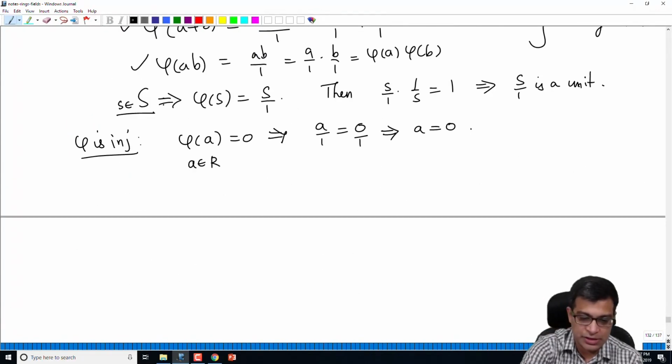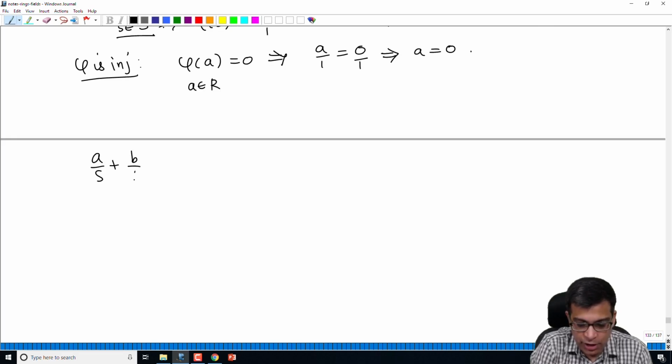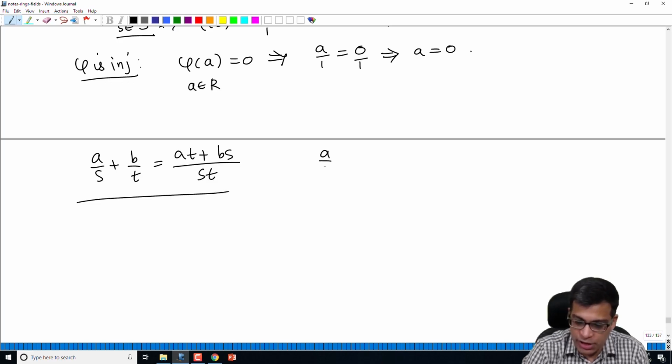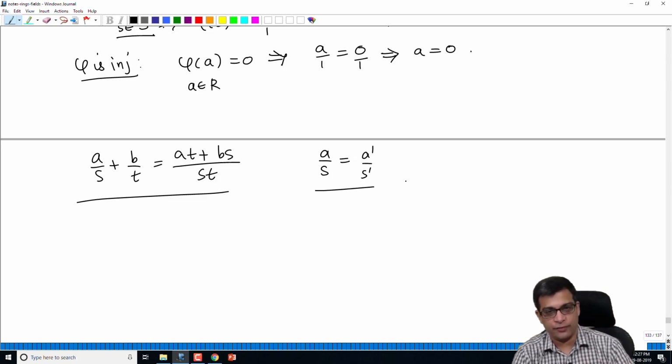So just to maybe start the verification, I'll do the following. So remember what we are doing is A by S plus B by T is AT plus BS by ST. This is the definition. But suppose A by S is equal to A prime by S prime. That can happen, right? Because rational numbers have various representations. 1 by 2 is same as 2 by 4.